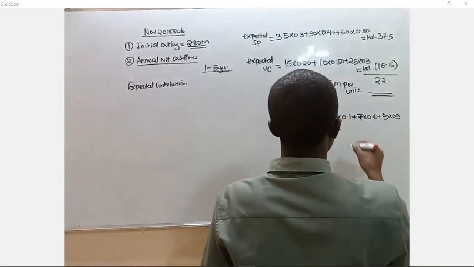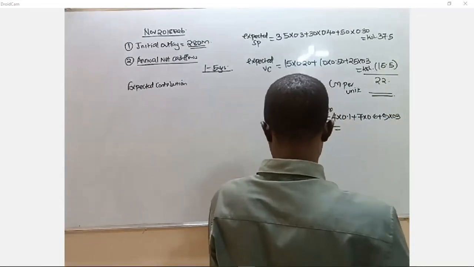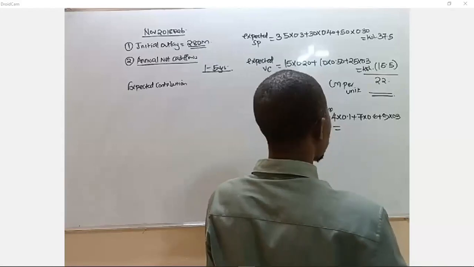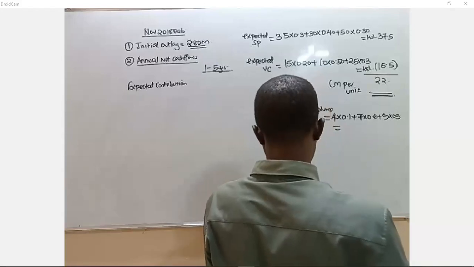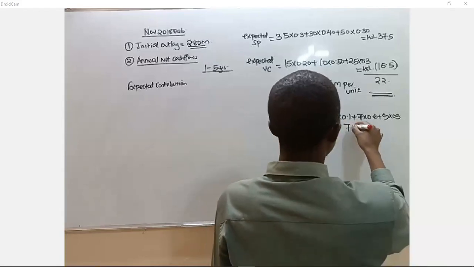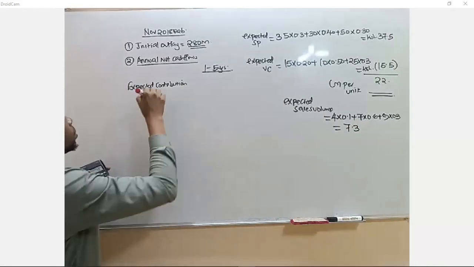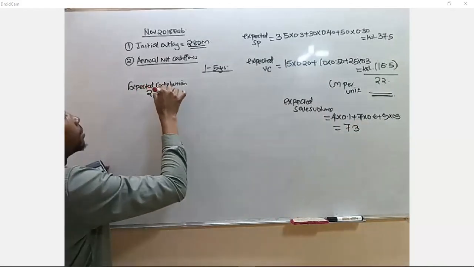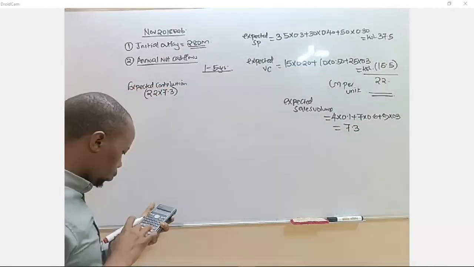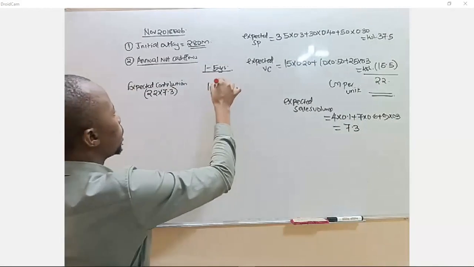So here I ask myself, how much am I getting? 4 times 0.1 plus 7 times 0.6 plus 9 times 0.3, getting 7.3. So what is my total contribution here? I just need to take 22 times 7.3, which are units now. So 22 times my answer, I'm getting 160.6.